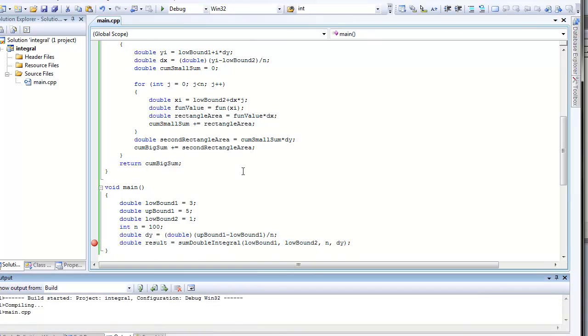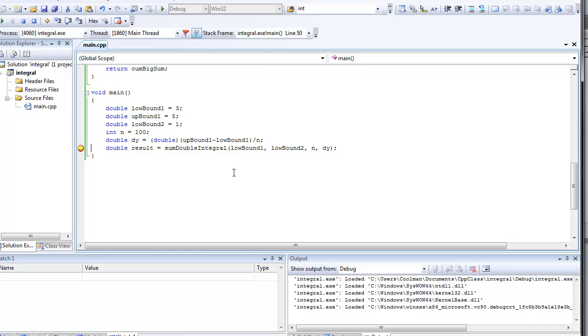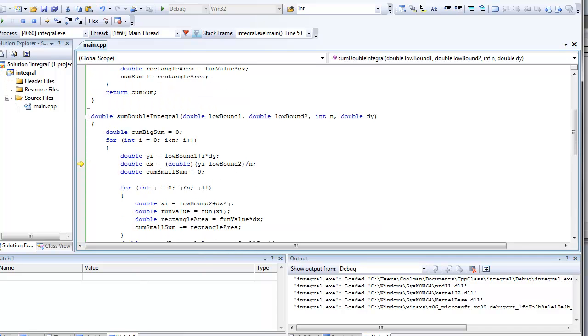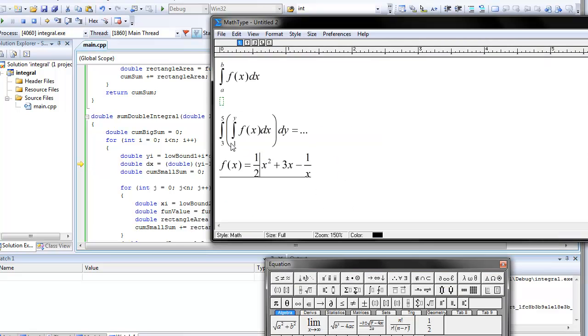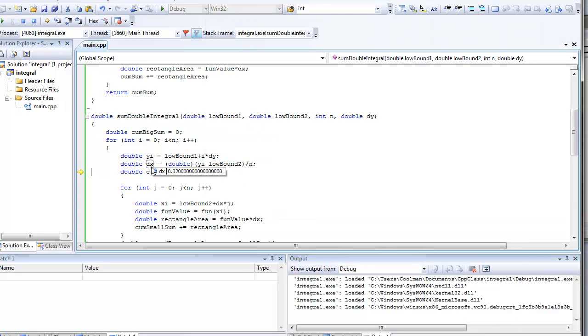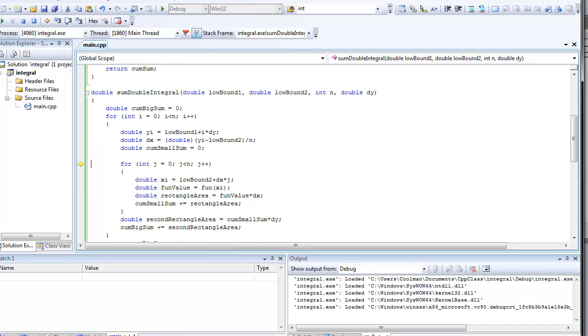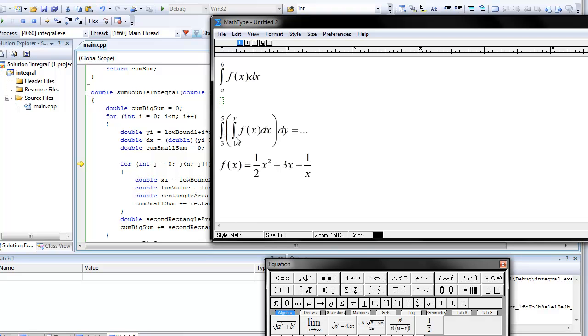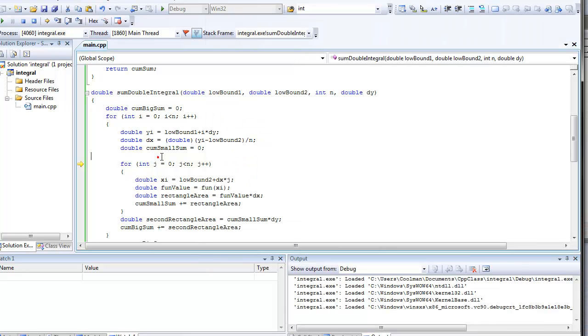Okay. So it starts calculating the outer integral. It started by 3, calculates the dx, and now evaluates the inner integral between 1 and 3.